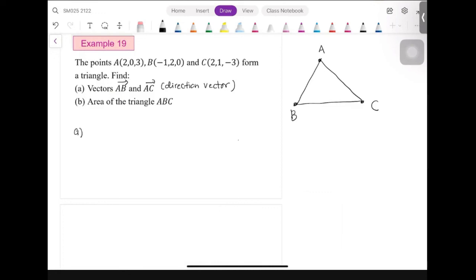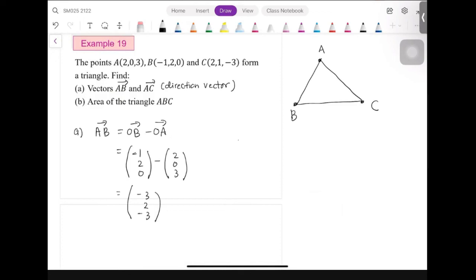For vector AB, remember, it is not A plus B and not A times B. It is OB minus OA. So find vector OB, negative 1, 2, 0, minus vector OA, 2, 0, 3. In this case, our answer would be negative 3, 2, negative 3.